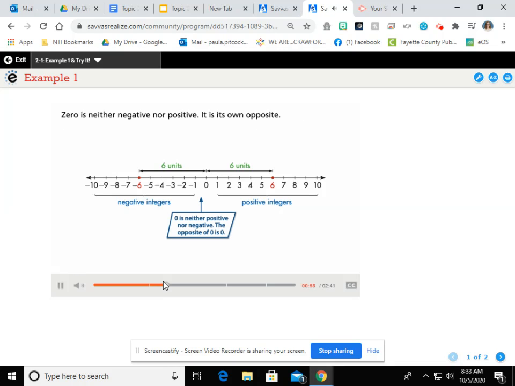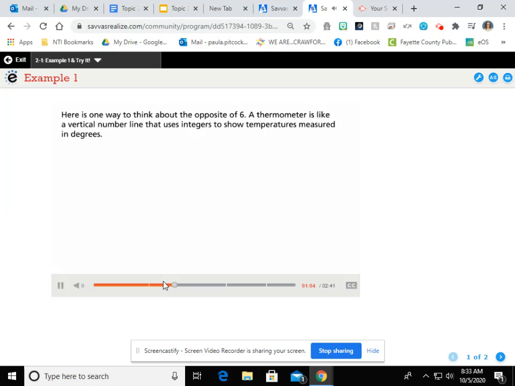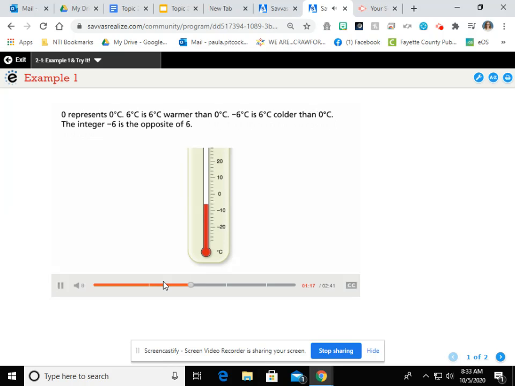0 is neither negative nor positive. It is its own opposite. Here is one way to think about the opposite of 6. A thermometer is like a vertical number line that uses integers to show temperatures measured in degrees. 0 represents 0 degrees Celsius. 6 degrees Celsius is 6 degrees Celsius warmer than 0 degrees Celsius.